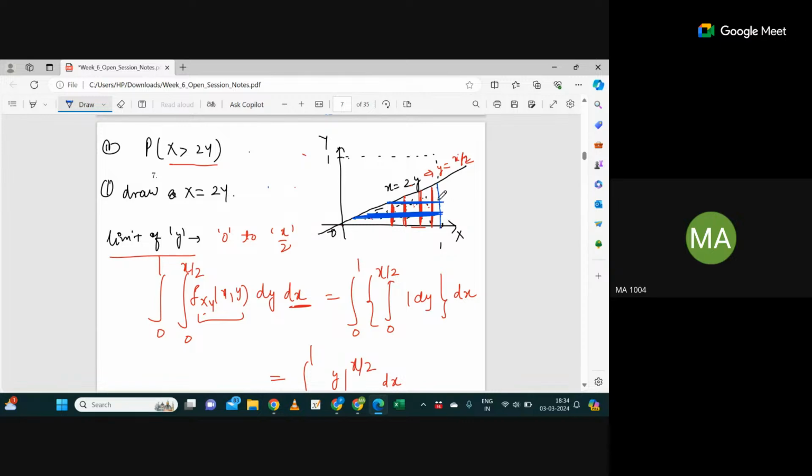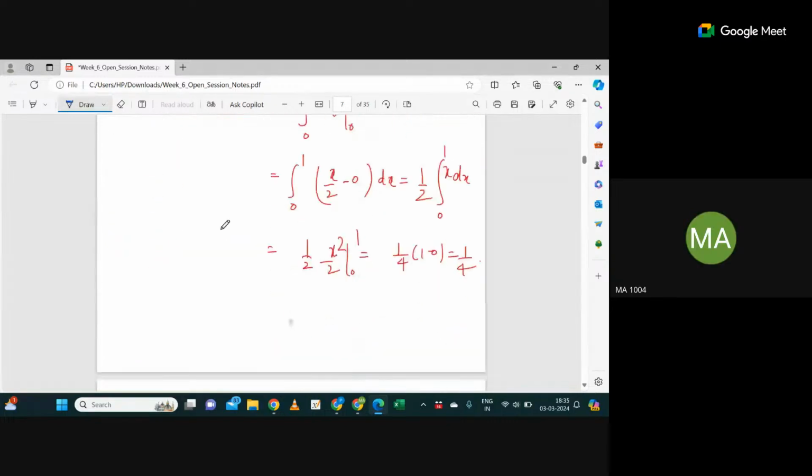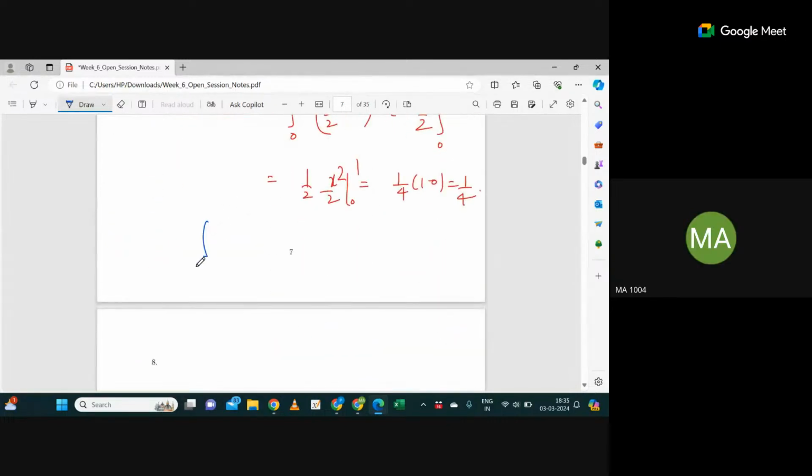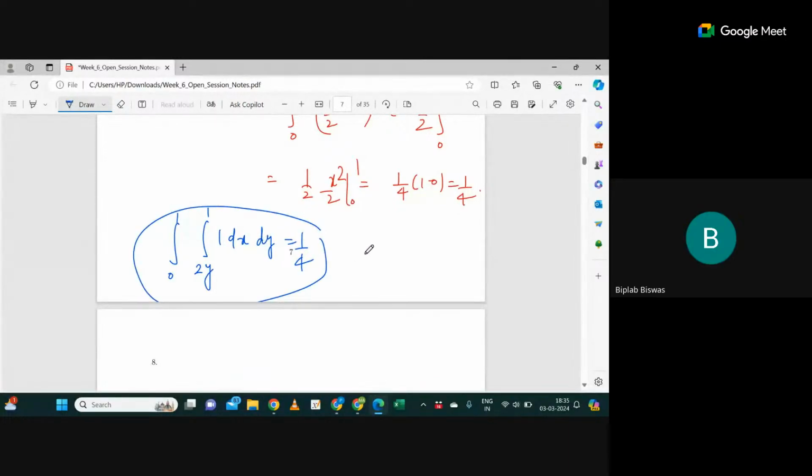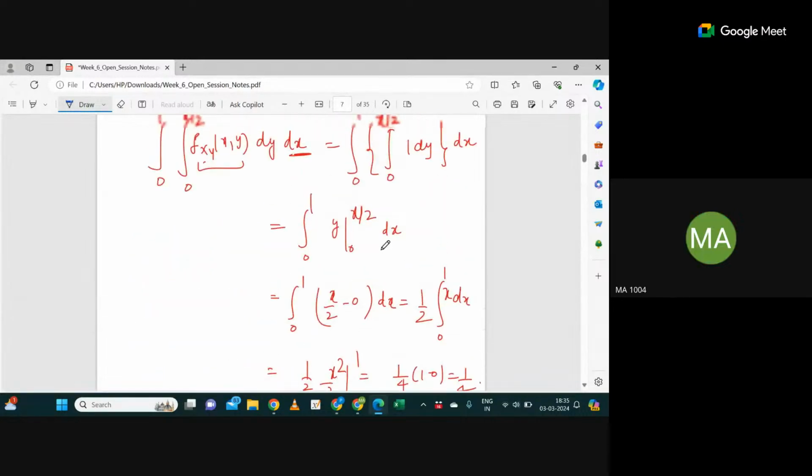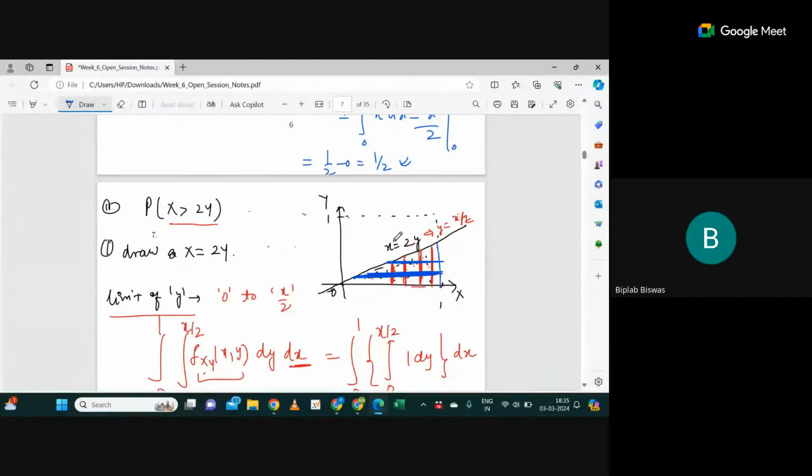Sorry, not limit of y, limit of x. 2y to 1. 2y to 1, right? So basically you have to integrate 2y to 1 dx, and for y 0 to 1 dy, right? If you do this, you will get the same answer. This is what I was telling, that the limit of x will be 2y to 1.